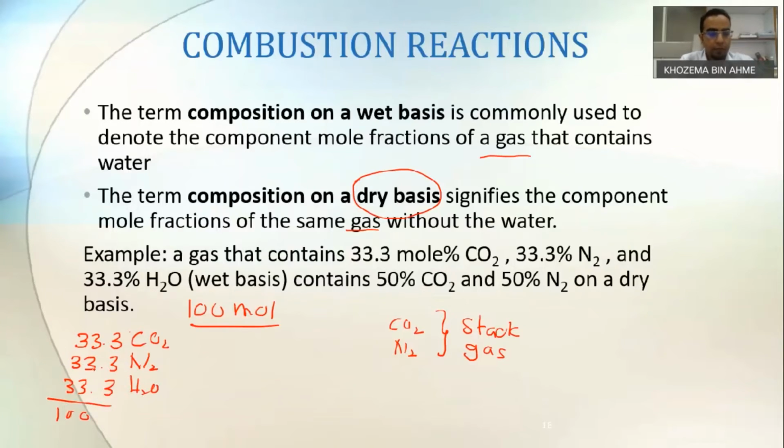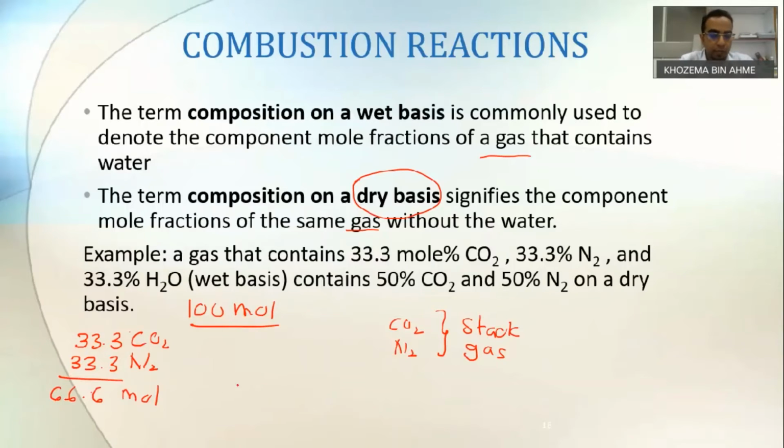Now, let's say I remove my water because I want to get a dry basis composition. For dry basis, we only have CO2 and nitrogen, so my total mole will become 66.6 mole.